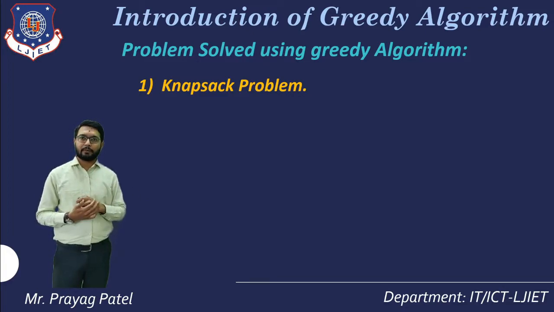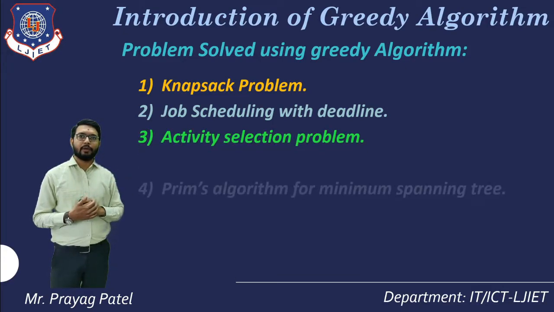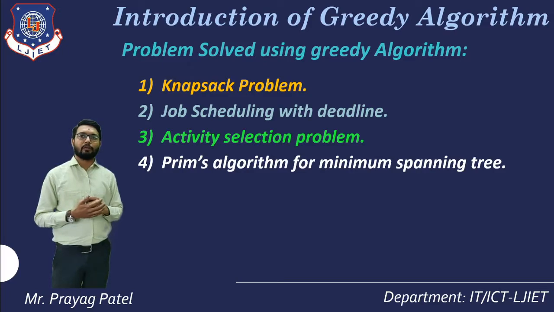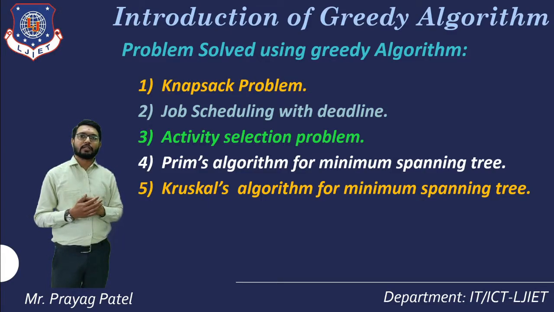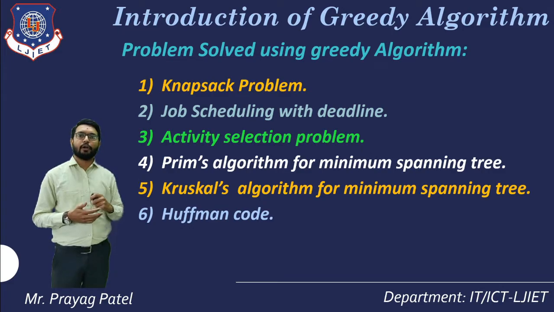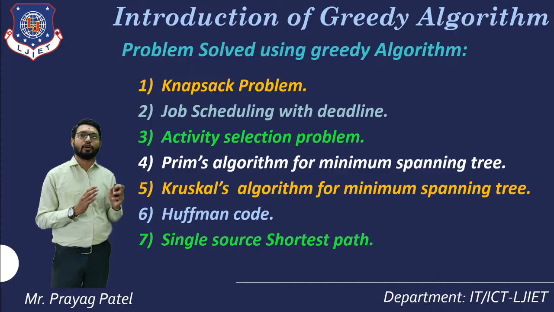First one is the knapsack problem. Second one is job scheduling with deadline. Third one is the activity selection problem. The next problem is Prim's algorithm for finding the minimum spanning tree, and another algorithm for the minimum spanning tree is Kruskal's algorithm. Sixth problem is Huffman code, and the last problem is single source shortest path.